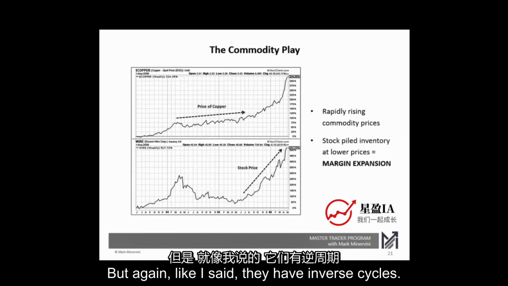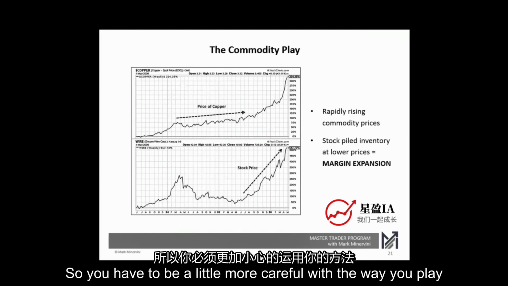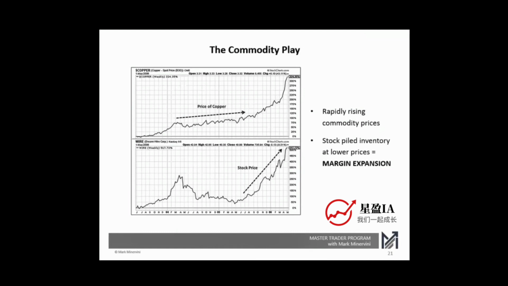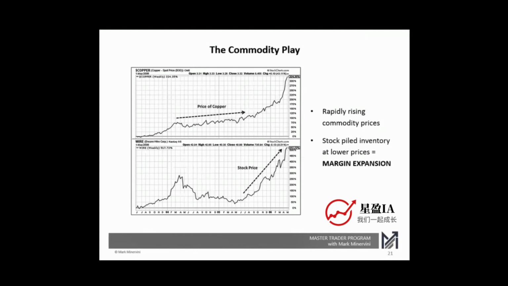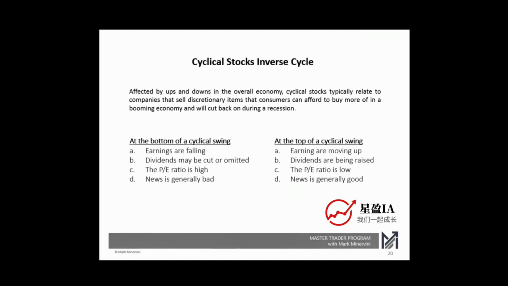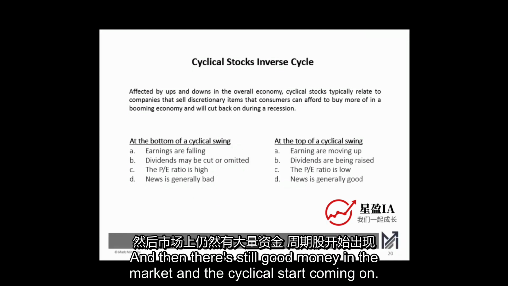But again, like I said, they have inverse cycles, so you have to be a little more careful with the way you play them. The other thing I would add to cyclicals and commodity plays is that sometimes they move when growth stocks are starting to falter. Maybe growth stocks have had a big move, and there's still good money in the market, and the cyclicals start coming on.